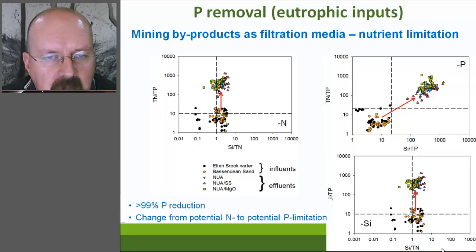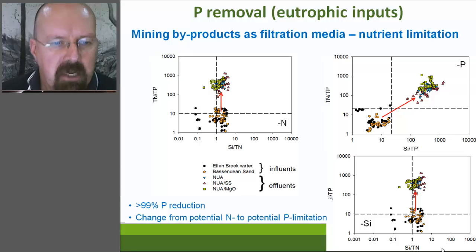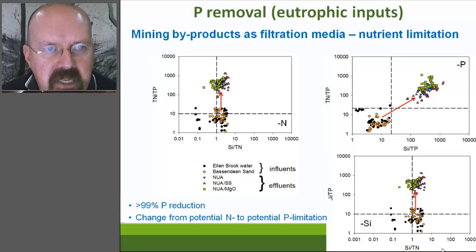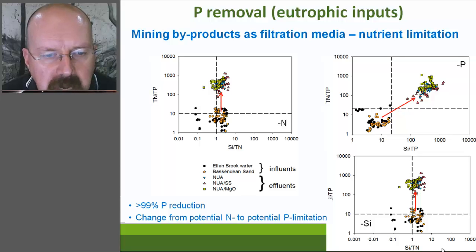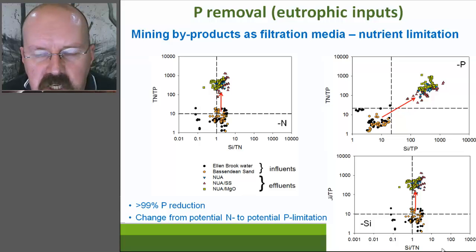So overarching all of that is that we actually saw a 99% phosphorus reduction as well. So as well as changing the potential nutrient limitation in these systems by filtering the Ellenbrook water through a column containing also the Bassendean sand, we've seen a change from potential nitrogen to phosphorus limitation and a change away from silica limitation. And this is very important.